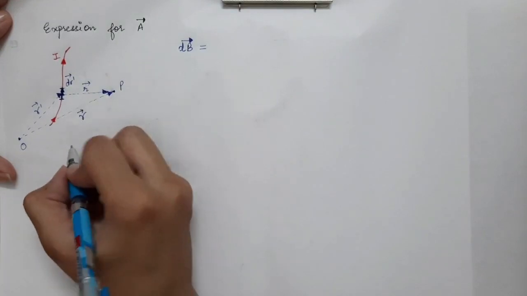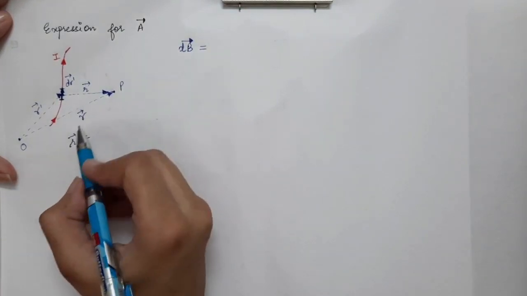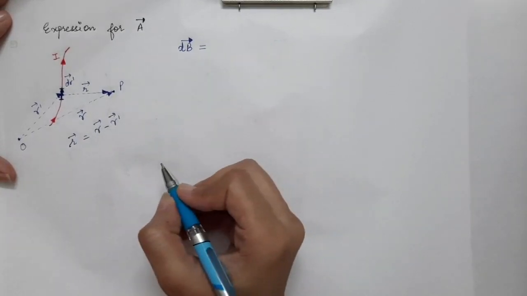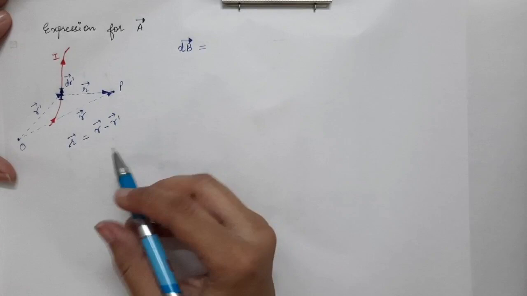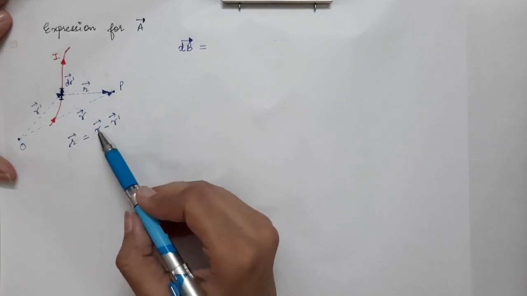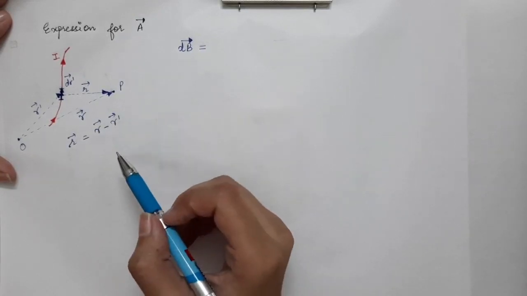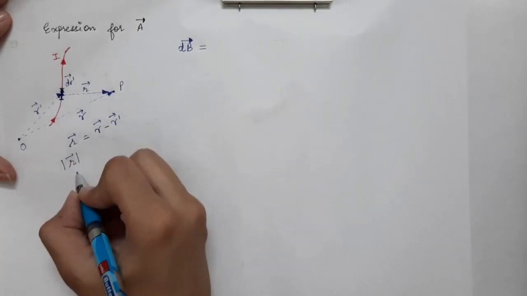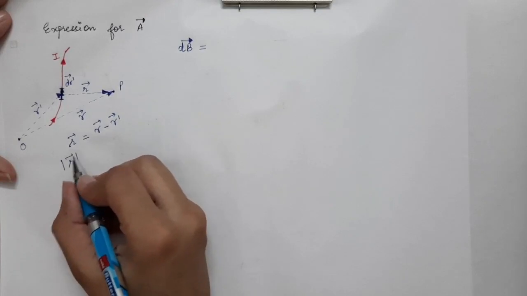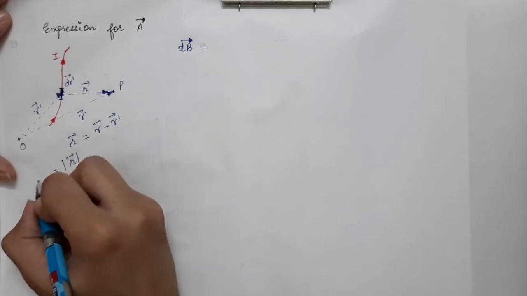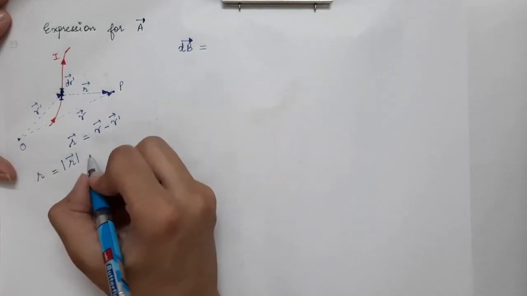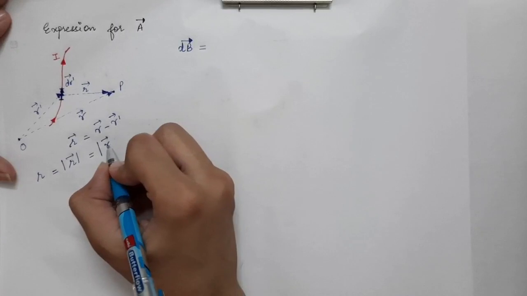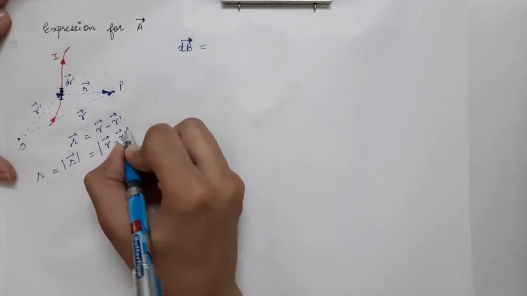Using the triangular law of vector addition, curly r vector will be equal to r vector minus r prime vector, and then you can find its magnitude. Its magnitude is represented by mod of curly r vector, also denoted by just curly r, so it will be the magnitude of the right hand side, that is, r vector minus r prime vector.